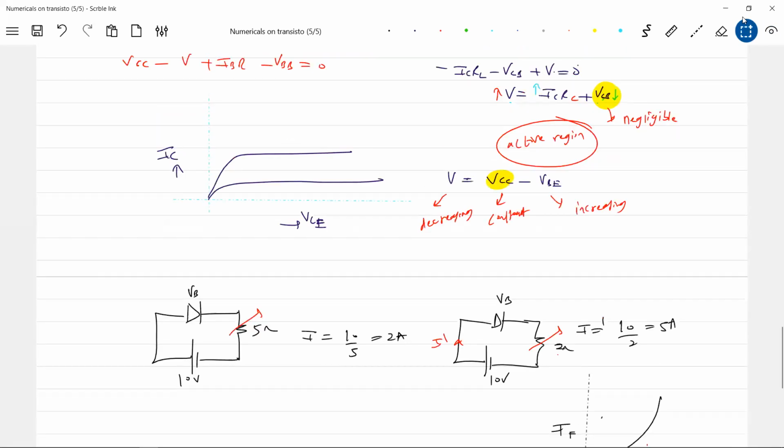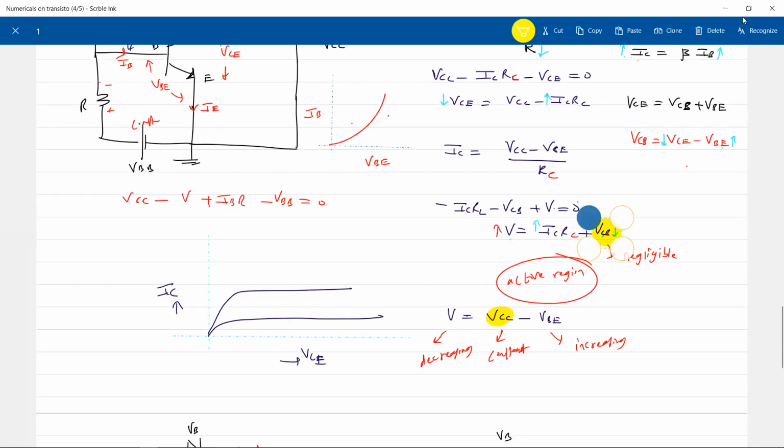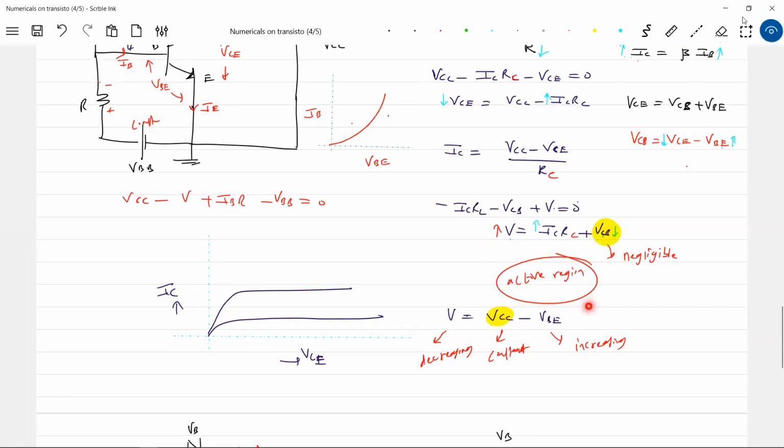Okay, then we have two different things here, no? Okay, let me. V decreasing, this is very simple. From this particular graph, we can say this.